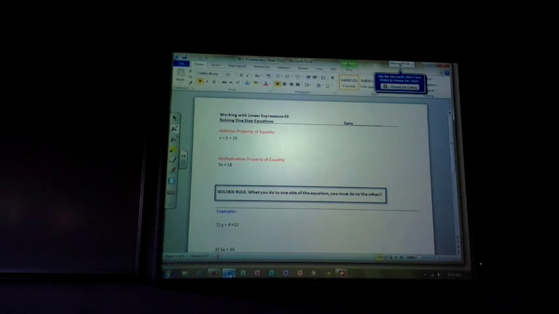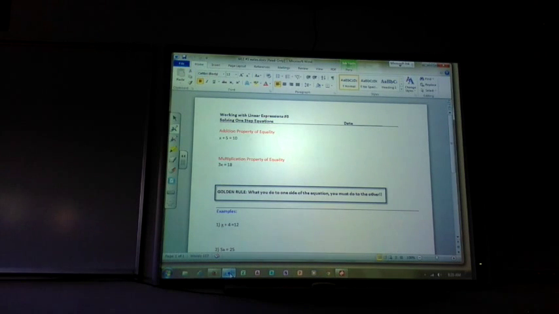So this is getting into the part of algebra, and you might have been seeing this quite often. You have the addition property of equality and the multiplication property of equality. This just means I have one side equal to the other, but we don't know what the variable is equal to. How this might have been presented to you earlier in math is a teacher saying, hey, what would I add to 10 to get to 20?